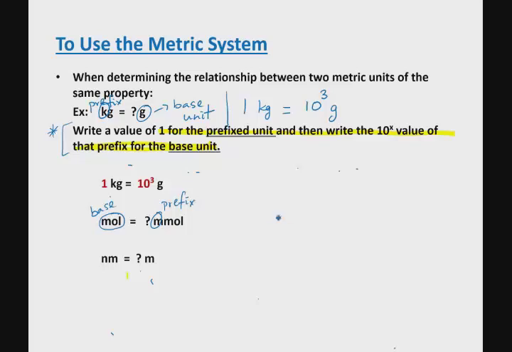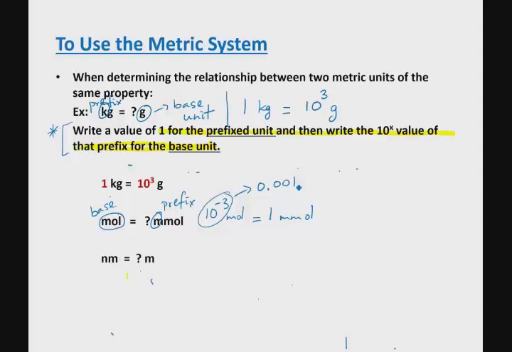As the strategy said, put a 1 in front of the prefixed unit, and the numerical value associated with the prefix goes in front of the base unit. So 10 raised to minus 3 moles equals 1 millimole. Of course, 10 raised to minus 3 can also be written as 0.001. That is totally okay to do.